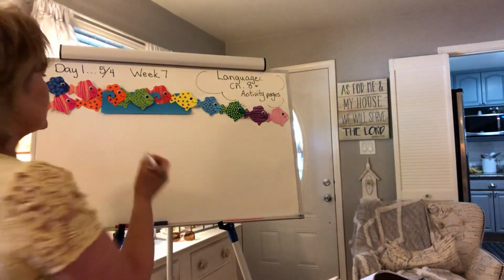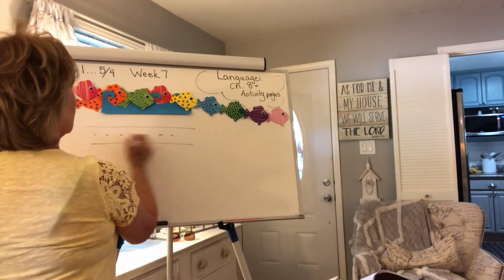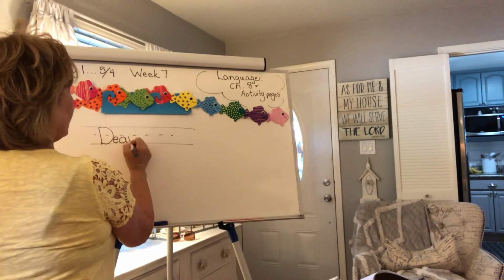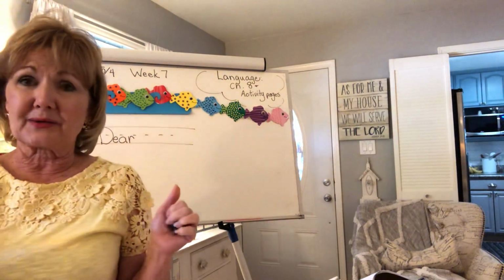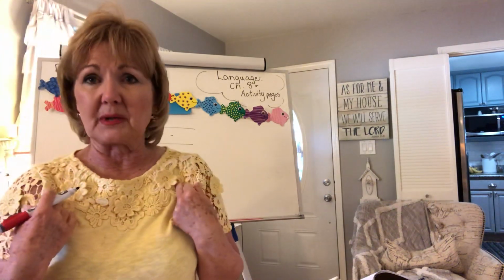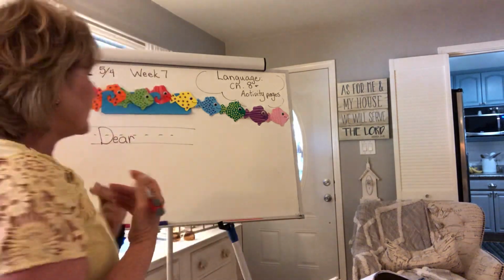So the first line, like that, right, says, dear. Now, to tell you the truth, I don't know your librarian's last name, and I know her as Bianca, her first name. So if you know her last name, go ahead and do that.